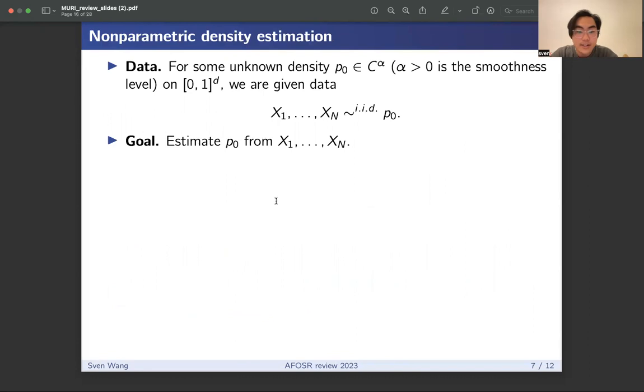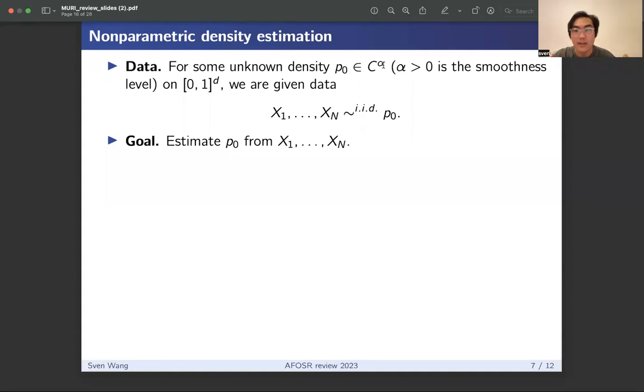And as a starting point of analyzing these density estimation and generative modeling methods that are based on transport maps, we considered a very classical non-parametric density estimation setting. In this setting, we're given data from some unknown probability density P0, and we're not assuming anything on the density except that it possesses some kind of smoothness property.